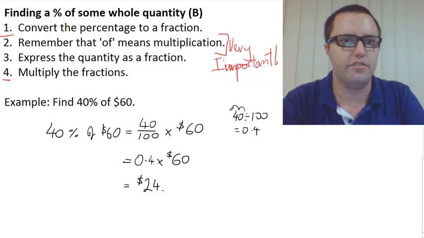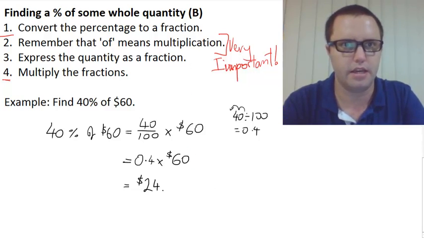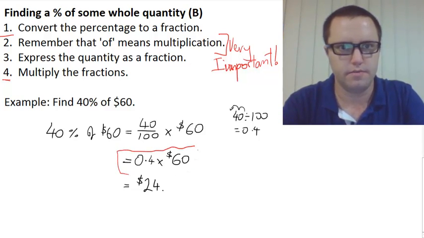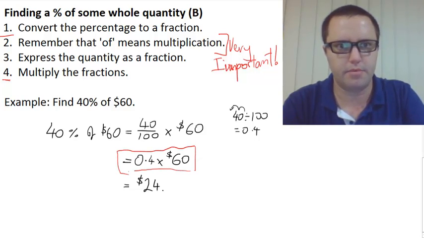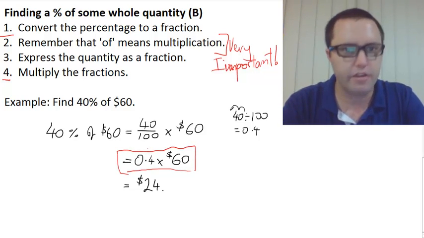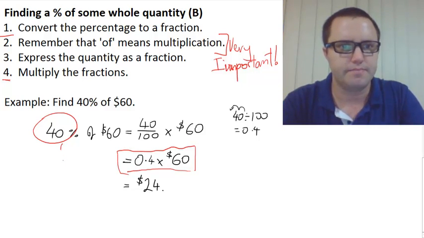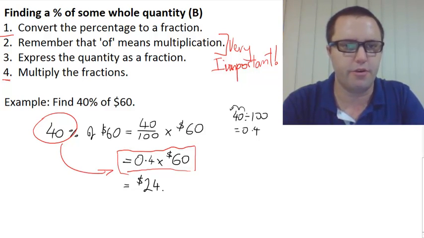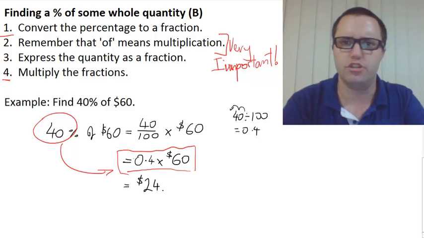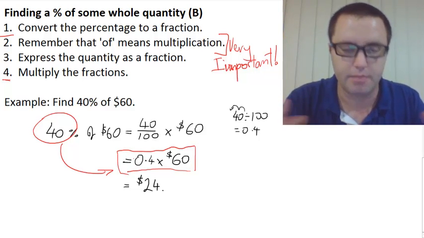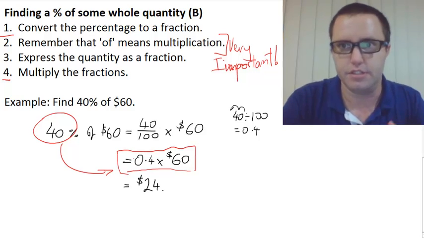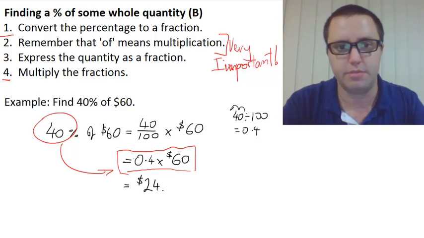Now, this is a very important thing to be able to do quite easily. It will enable you to work very quickly with your calculator. If you can recognize that 40% is the same thing as 0.4, and you just times that by the amount, you're going to get the percentage back of that original amount, as we did here, $24.